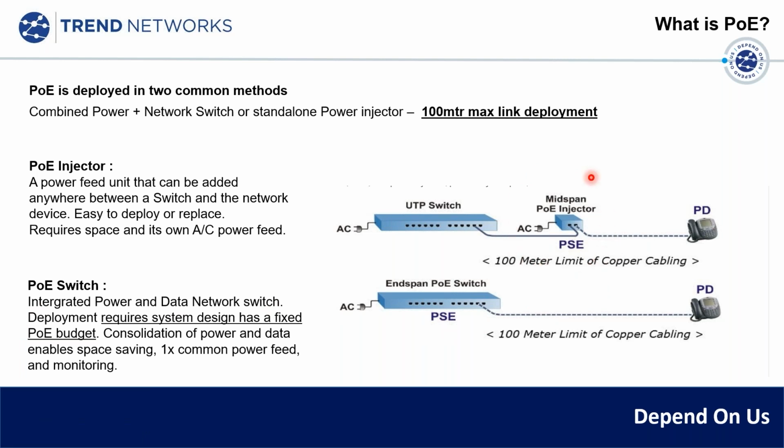This is an injector, and we're talking about a network switch and the option to add an injector anywhere in the system. If we do design a system, it's quite clever to have a combination switch where we can consolidate our PoE and power in one area. However, the pitfall here is we need to know our budget. That switch will be budget limited. So there are options to consider as we go forward.